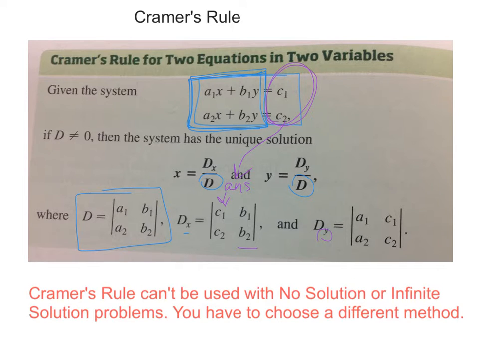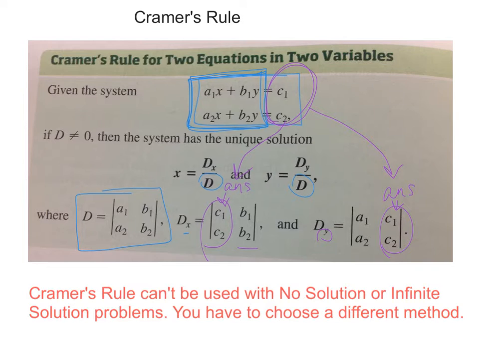Like for this dy, you left the first column the same, and you replaced the y column with your answer. See what I'm saying? That's the same as your actual d, but when you find the determinant of x, replace the x column. When you find the determinant of y, replace the y column. That's it. Then find that determinant.